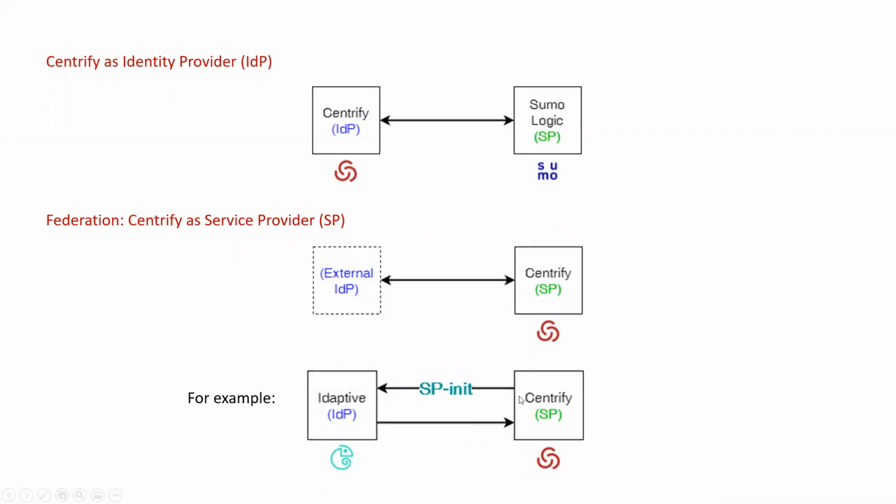SP initiated means you try to use the application from the SP side, versus IDP initiated, where you are trying to use the application from the IDP side. The underlying mechanism is the same, just a different direction.